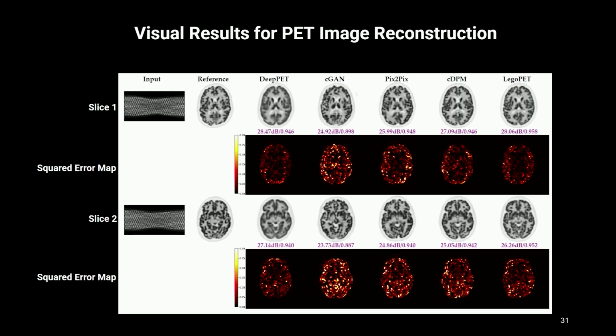And from the third to the 6th column, which correspond to the 4 baselines, and the final column shows the reconstructed results using our proposed LogoPET method. So we can see that the LogoPET generates the most realistic reconstruction results among all methods. And CGAN, Pix2Pix and CDPM introduce numerous artifacts, and the DuPET produces blurry reconstruction with unrealistic fine details.